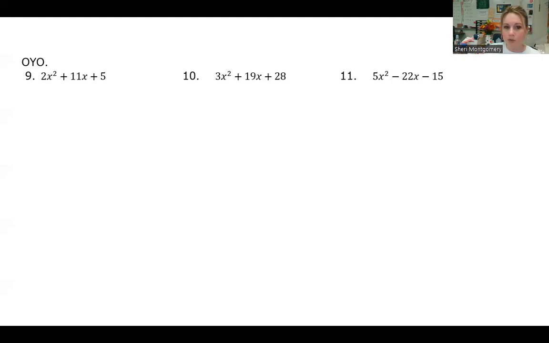Question 9, you have to do 2 times 5, so you're finding factors of 10. Oh, that's right. No, I'm sorry. 8, 16. I need a calculator. I said y'all could get one. 24. I definitely said y'all could get a calculator.